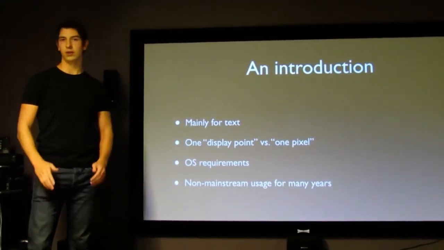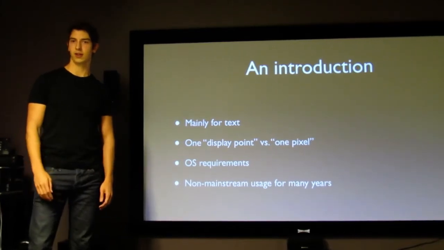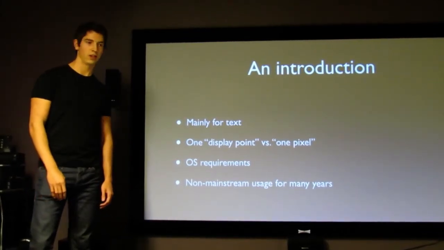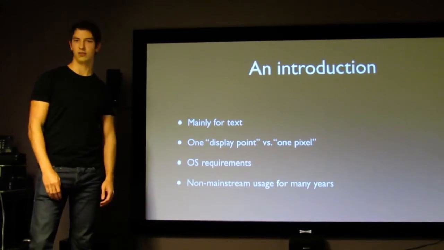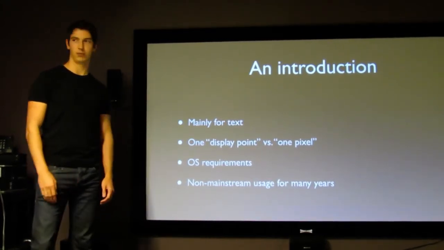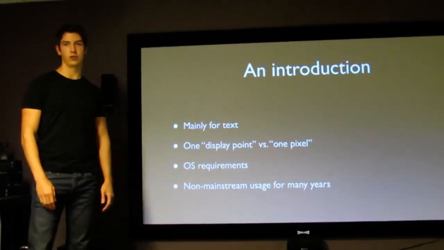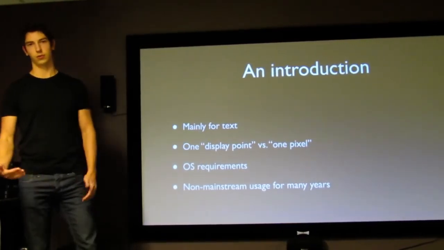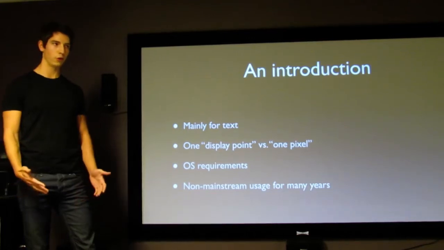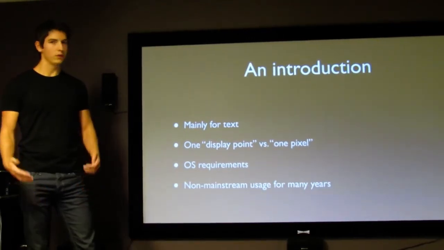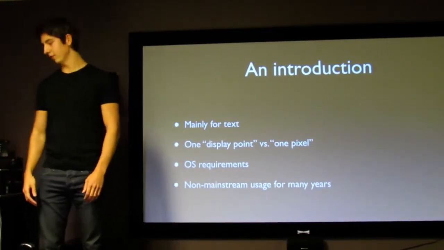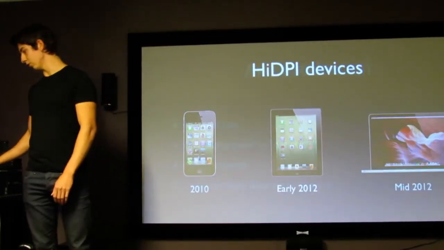And this is nothing new. We've seen this for a very long time. We've basically always assumed that screens had a DPI of 72, or that's been the norm. And non-mainstream users have had access to monitors that had higher DPIs before, but generally the consumer hasn't been in one of those groups.